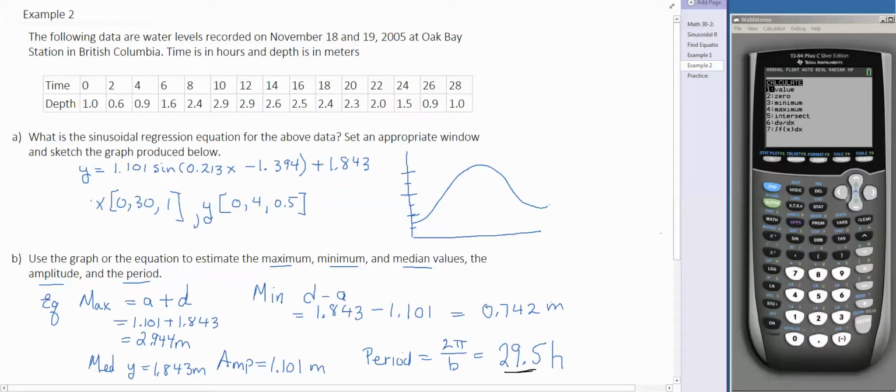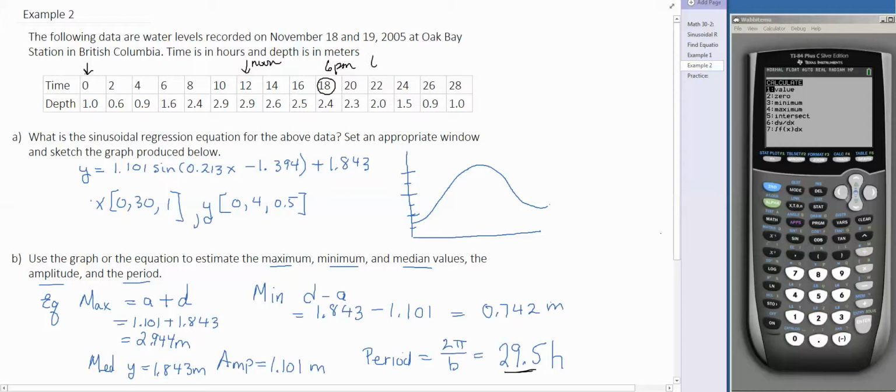So this time would be at midnight, the morning of the 18th, and then for 6 o'clock, remember that this is noon, and 6 o'clock is here. So this is 6 p.m., which is 18.